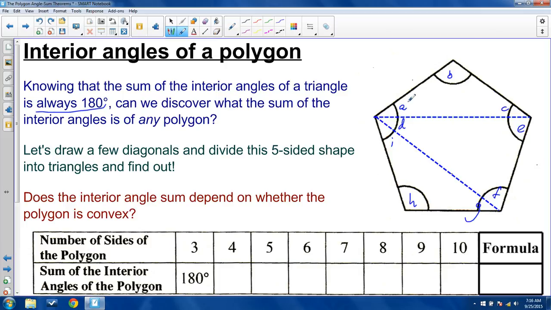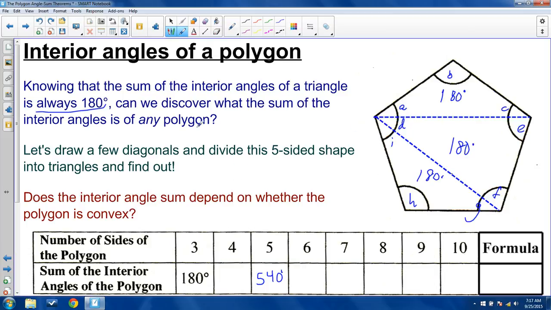So what happens is when I add up all the degrees in this triangle, which is 180 degrees, with all of the degrees in this triangle, which is also 180 degrees, with all of the degrees in this triangle, which is also 180 degrees, I get the sum of my 5-sided shape, and 180 times 3 is 540 degrees. So that's the measure of a 5-sided shape.